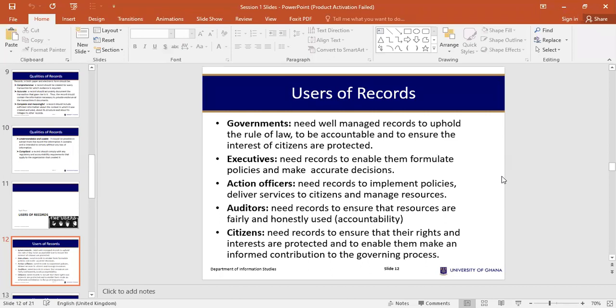And then citizens need records to ensure that their rights and interests are protected and to enable them to make an informed contribution to the governing process. So you want to help in the governing process, you want to make a case, you need to get the requisite records to be able to make your case. If somebody is building on an unauthorized place or building on a waterway, you may be concerned.